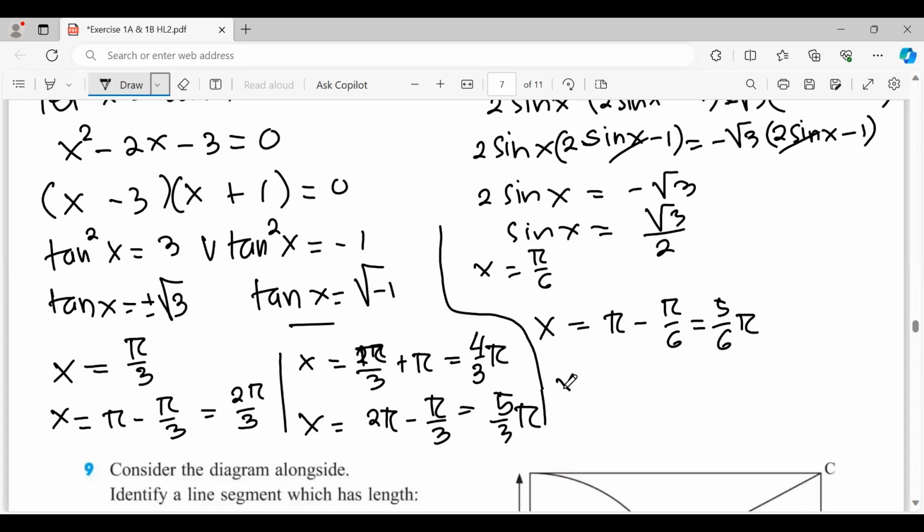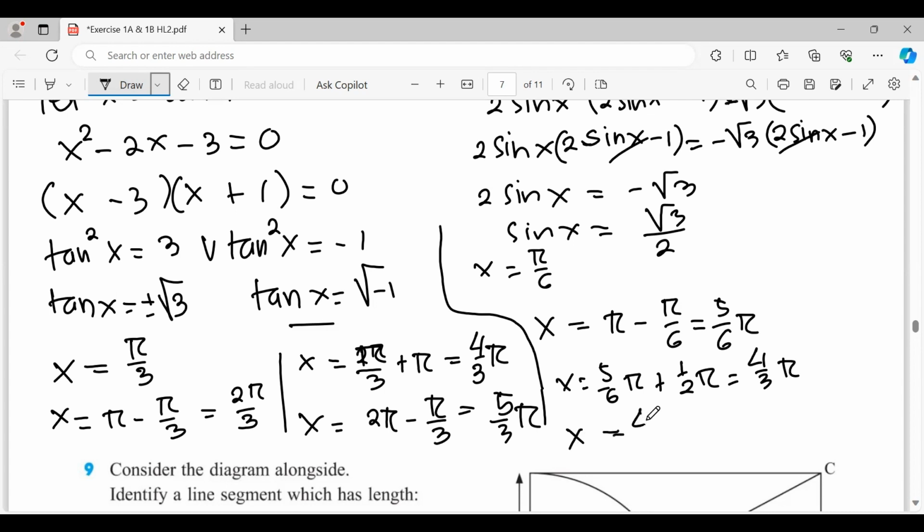After that, x equals 5 over 6 pi plus half pi, which is 8 over 6, 4 third.